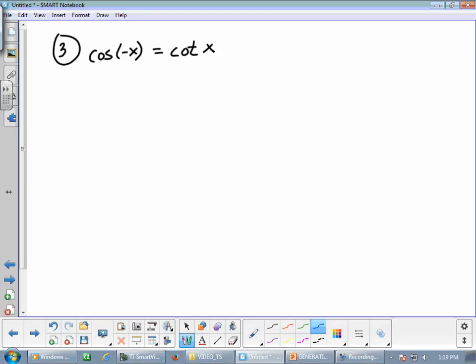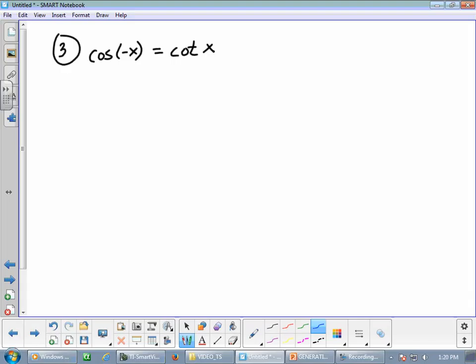Anything there unusual? Negative x. Do we have any identities that take care of negative x? It's not negative cosine x, but yes, there is an identity. You might want to flip back. Find the opposite angle identities, right? We're taking the opposite of an angle. Opposite angle identities.